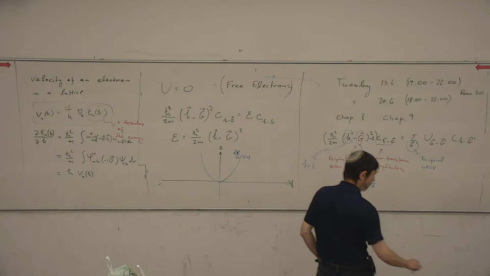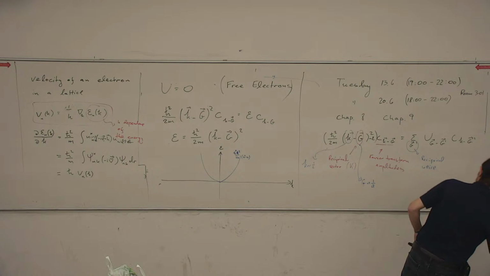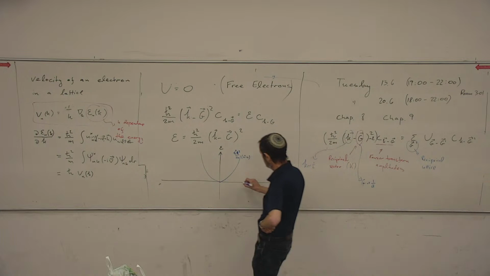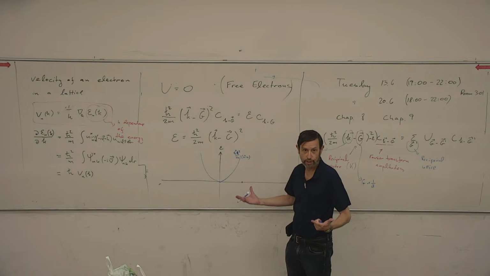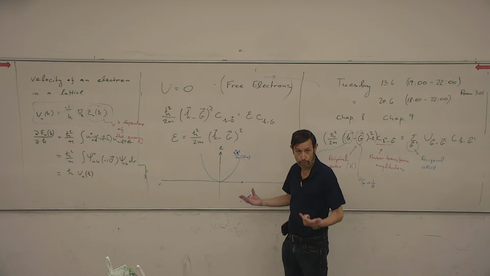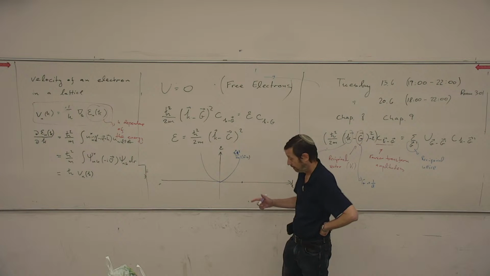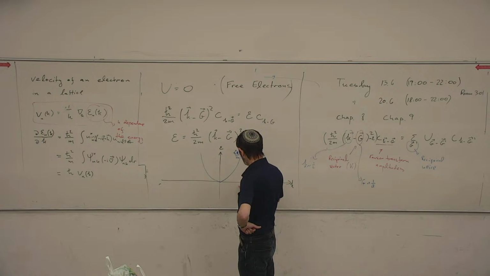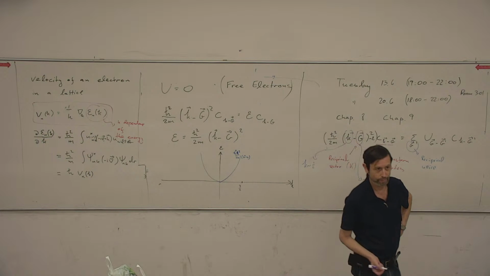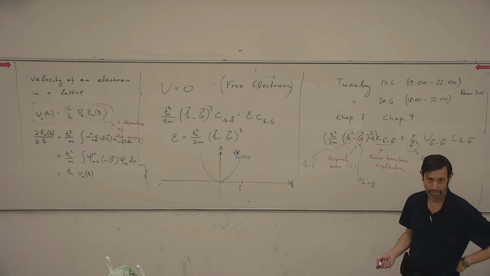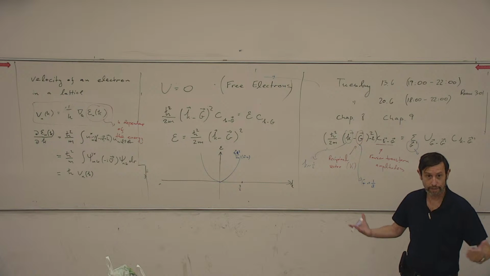So I'll have here a point. And in a one-dimensional case, I can give you a simple one where it is pi over a. Right? So that's the first G.